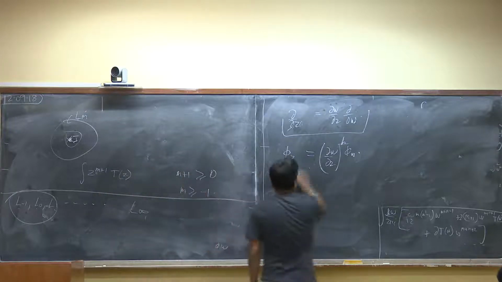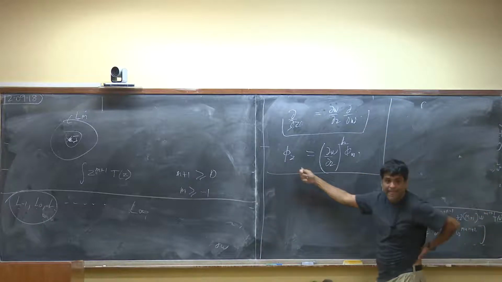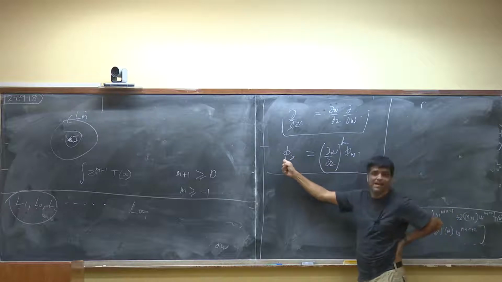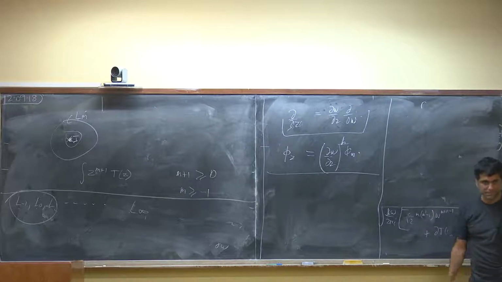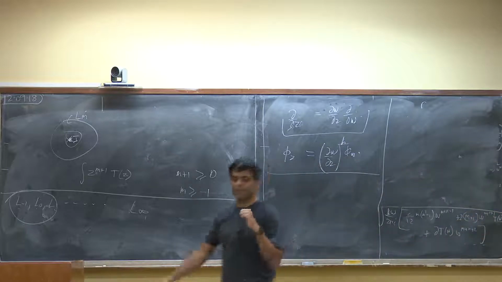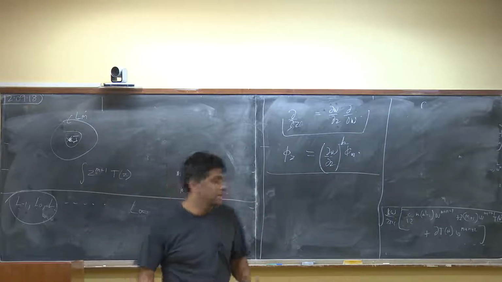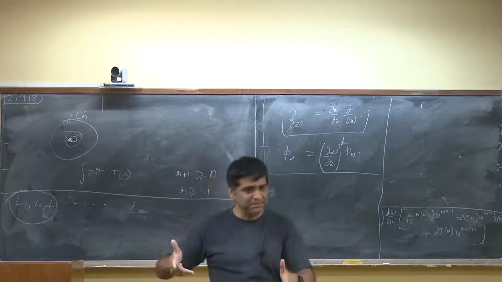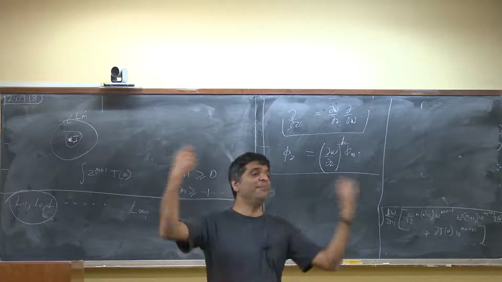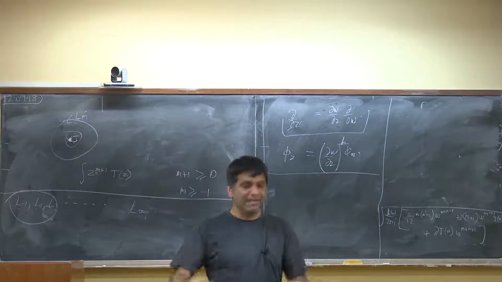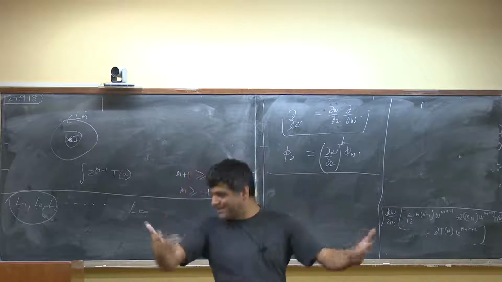Now let me explain exactly what I mean by this statement. Remember what we have is a conformal field theory. In this conformal field theory, I can do a diffeomorphism plus a Weyl transformation, and I get the same action in the new coordinate w as I had in the old coordinate z.